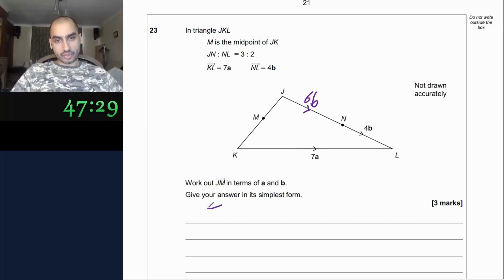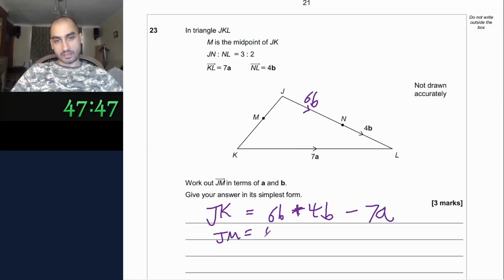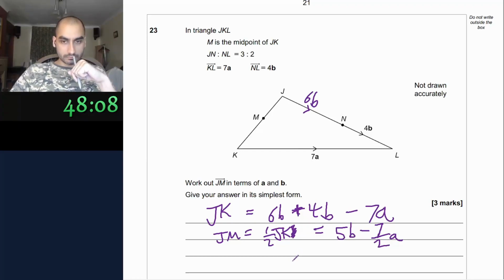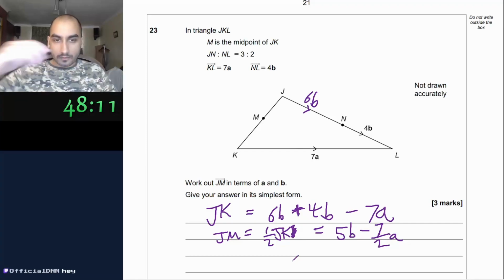So we can work out JK equals 6B plus 4B minus 7A. So JM equals half of JK, which equals 5B minus 7 over 2 A. That's it.